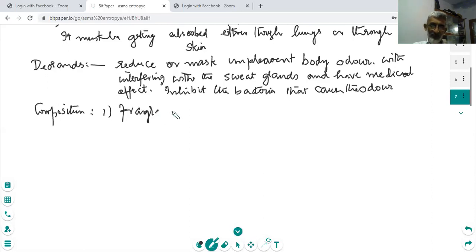The most common fragrances which are used are natural fragrances like clove oil or thyme oil. Of course, any other can be used. Then certain synthetic aroma chemicals are also used.